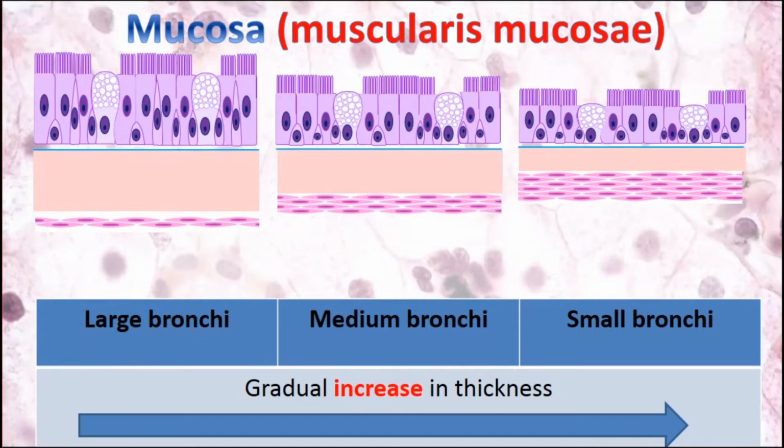And you should know that different myorelaxants should be given to your patient which have target cells in Muscularis mucosa to decrease this bronchospasm. There are special medicines which can reduce this spasm of these muscles, and there are target structures, target cells in the Muscularis mucosa. So big bronchi aren't able to bronchospasm because they haven't well-developed Muscularis mucosa. But small bronchi may be contracted, and you should know about that.